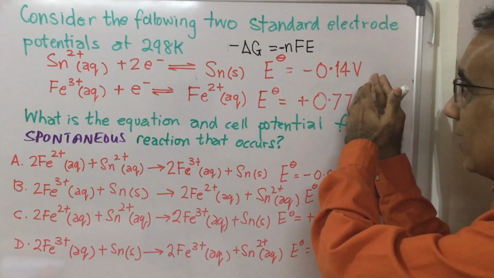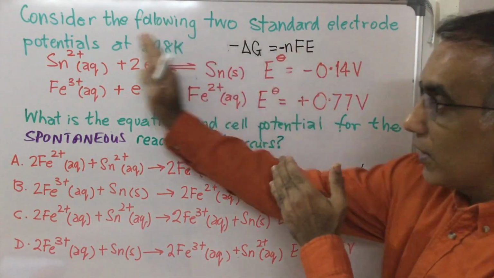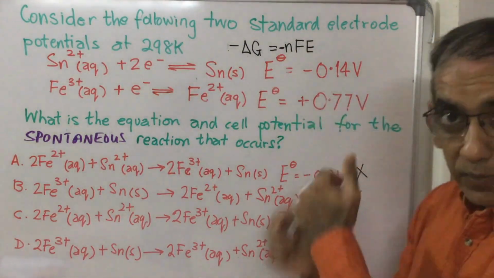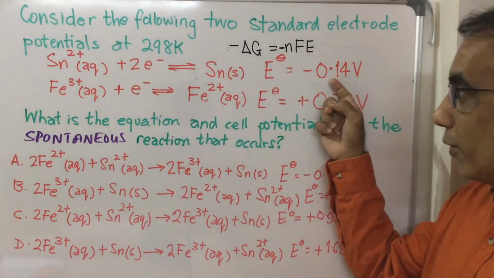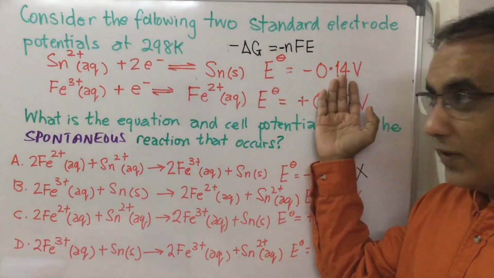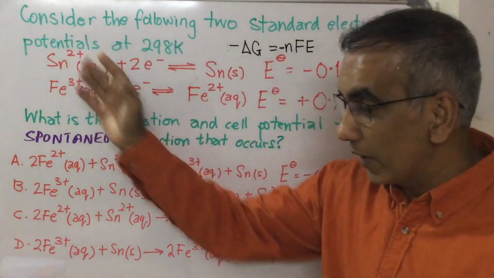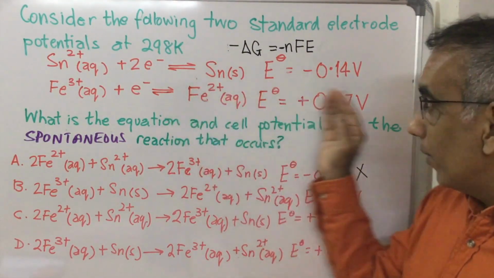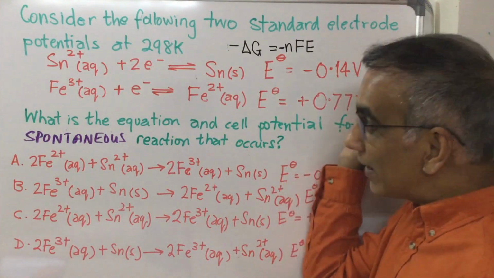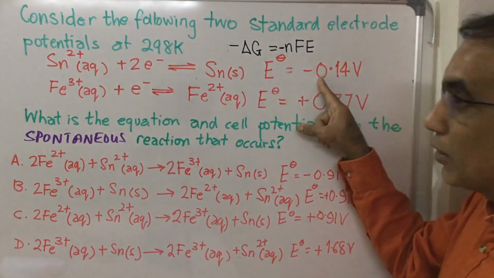And then this has to happen in the reverse direction, because something has to be oxidized, something has to be reduced. But if this is going to be oxidized, then everything has to be looked at in this direction. And of course, that's why we have this reversible sign here. But when everything is looked at as happening in this direction, this sign changes.